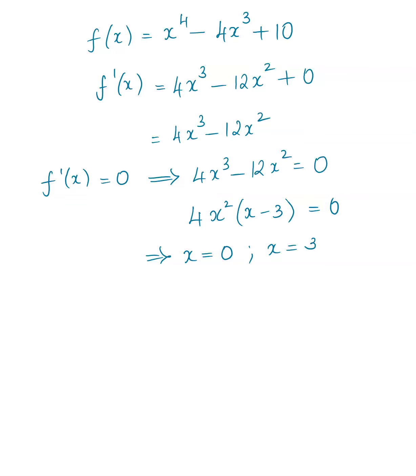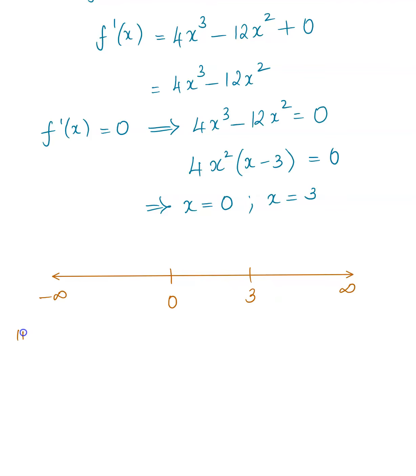Now we draw the number line. Because there are no endpoints, I mark the ends of the line as negative infinity and infinity, then I mark the 0 and the 3. So the intervals would be negative infinity to 0, 0 to 3, 3 to infinity.